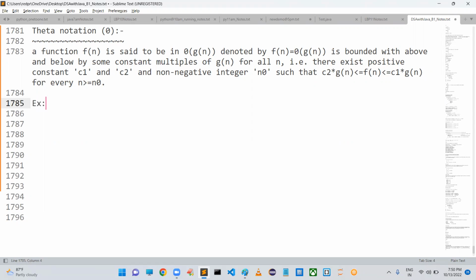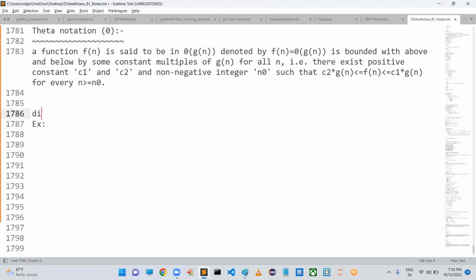I will take an example later, but before that, let us look into the diagram and how it will be. Here I am going to draw a diagram. There will be multiple values.